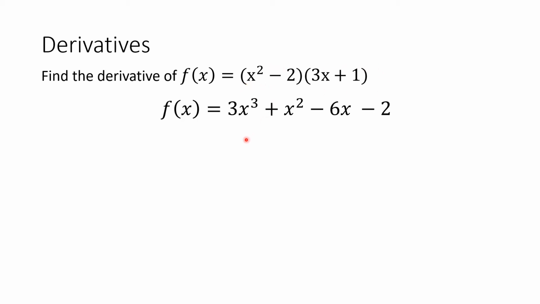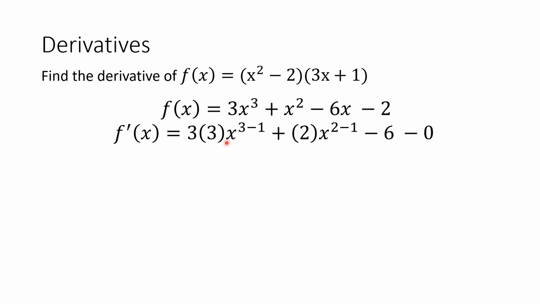And so to get the derivative, we simply get the derivative of a polynomial, that is getting the derivative of each term. And so f prime of x now will be, for 3x cubed, the exponent 3 will be multiplied to the coefficient 3.